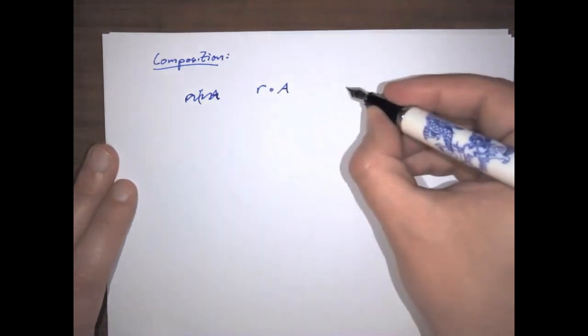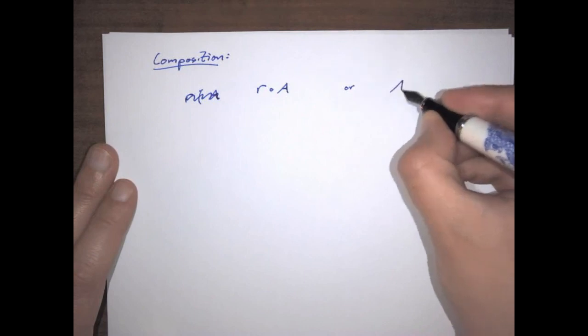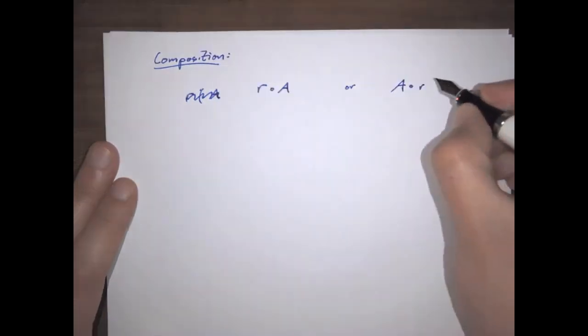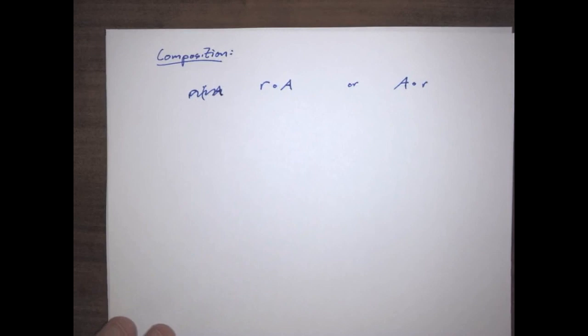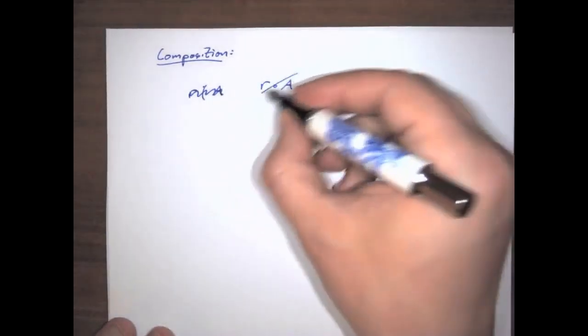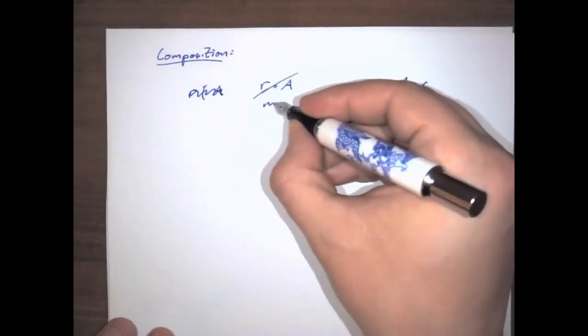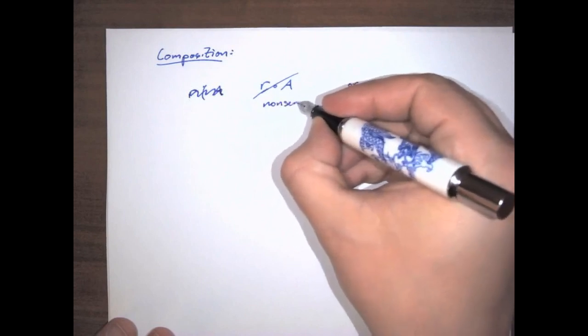R of A or A of R. Well, let's think about what's going on here. So the R is giving you the radius as a function of the time. So the input is time, the output is radius. The area is giving you, so A is giving you the area as a function of the radius. So the input is the radius and the output is the area. So this one doesn't make sense.